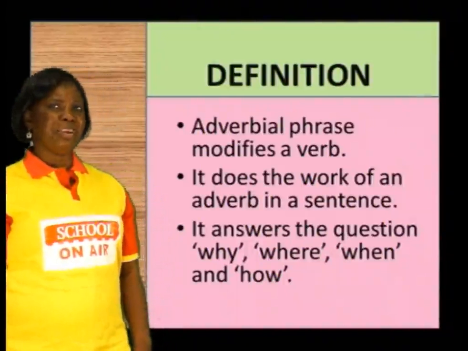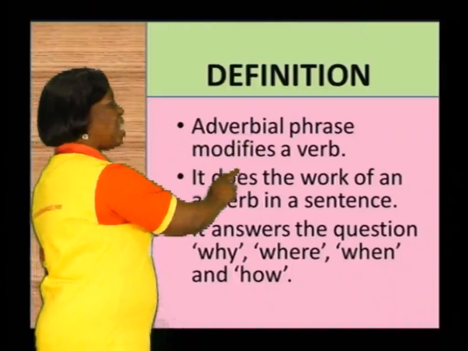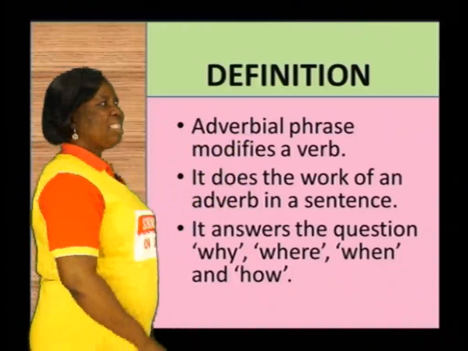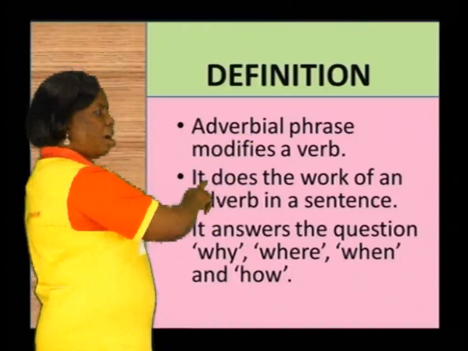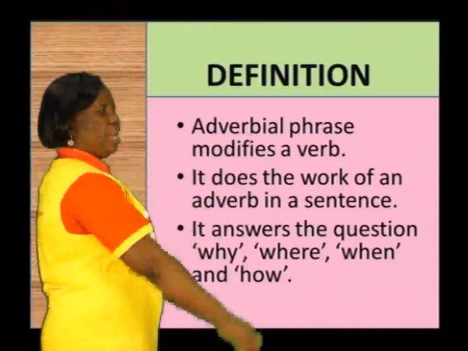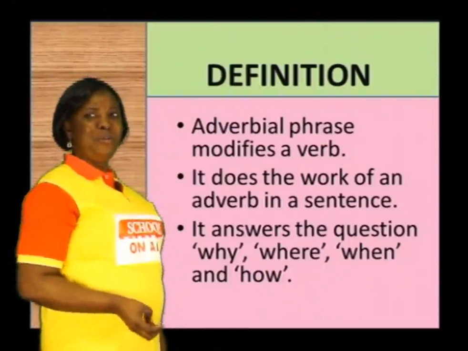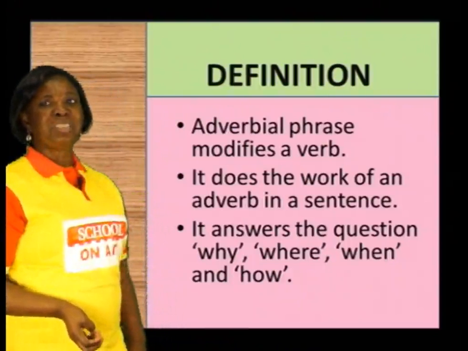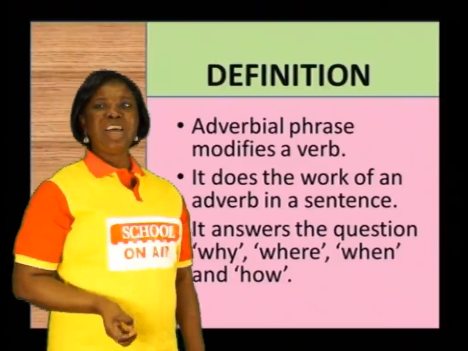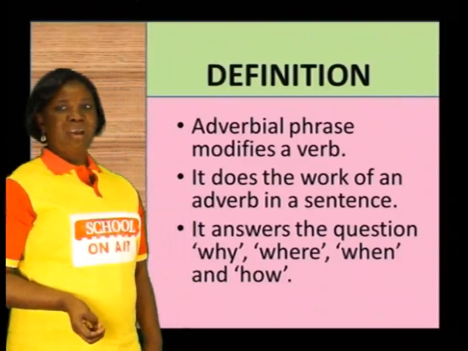Now let's look at the definition of adverbial phrase. An adverbial phrase modifies a verb, right? It does the work of an adverb. In a sentence, what is the work of an adverb? That is to give you more information about a verb, or to give you more information about another adverb, right?